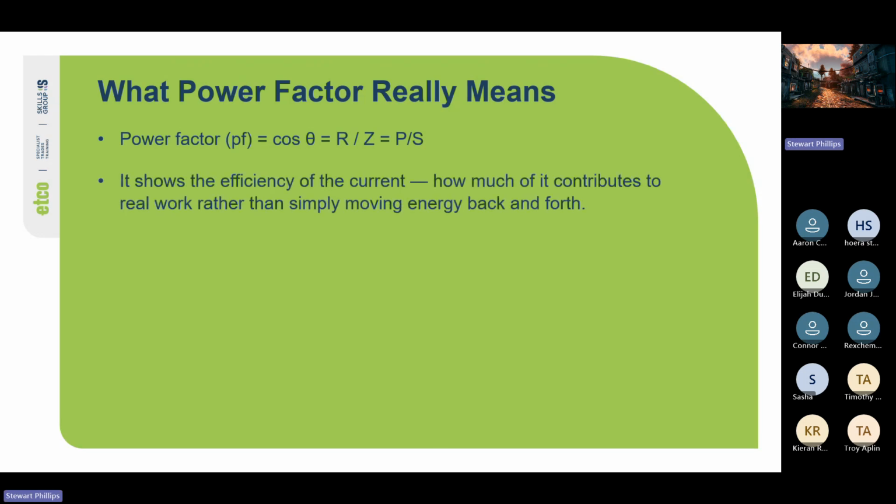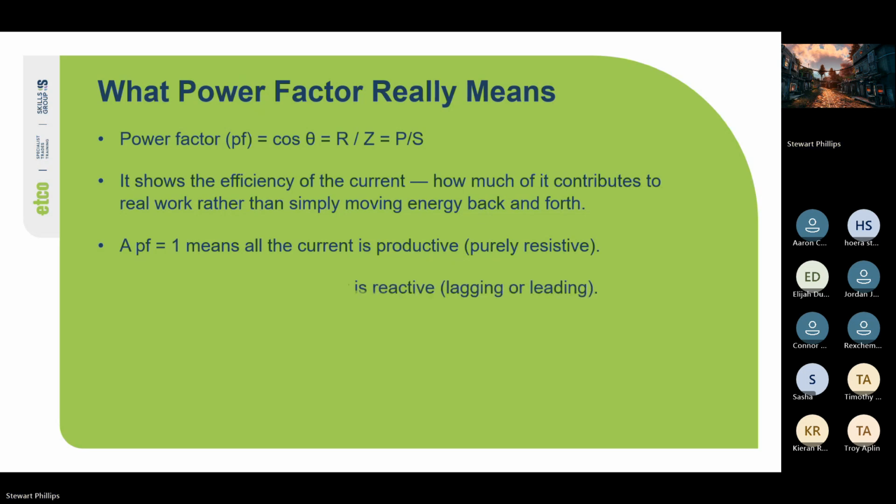It shows the efficiency of the current, not the efficiency of the load. How much of it contributes to real work rather than simply moving energy back and forth. A power factor of 1 means all the current is productive, so a purely resistive load. A power factor less than 1 means some current is reactive, whether that's lagging or leading.